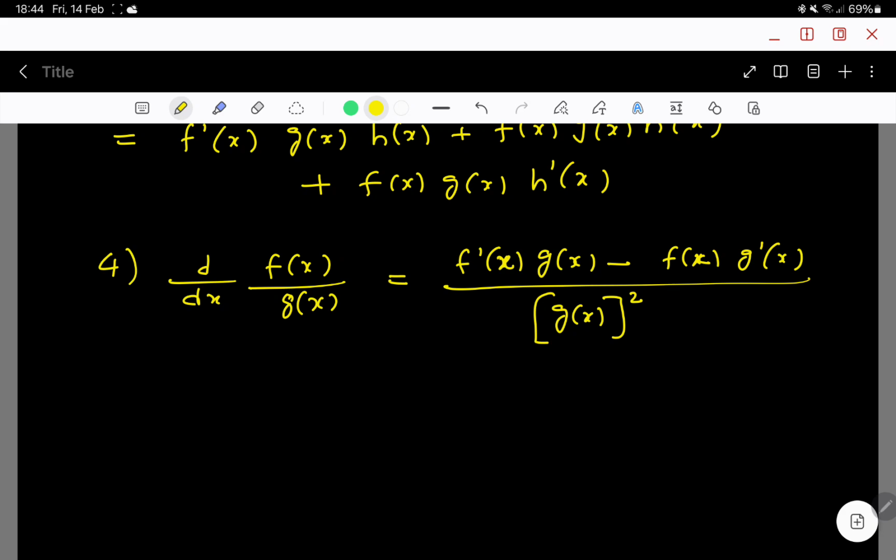Okay. This rule is called quotient rule. Both the functions f of x and g of x are in fractions.